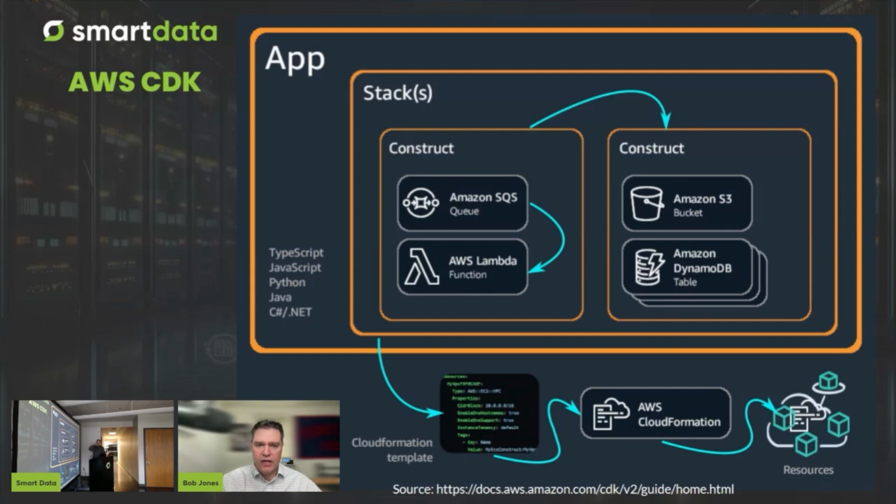The difference between a construct and a stack is that the construct is your basic building block for putting together related AWS resources, whereas the stack is a deployable unit of infrastructure. You bundle those stacks together, you have yourself an app. Let's move on to the next slide.